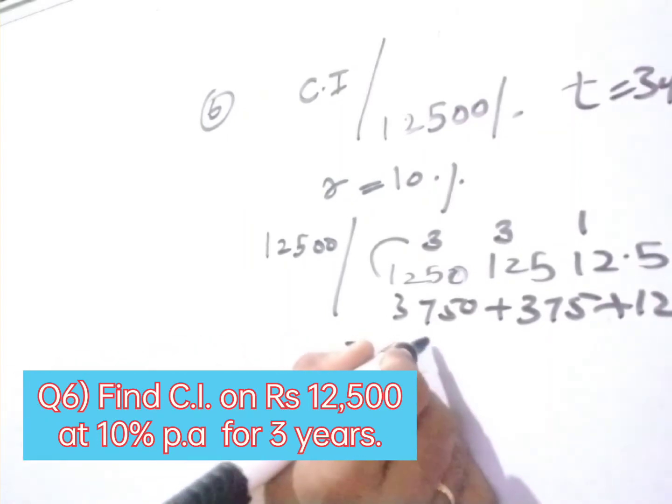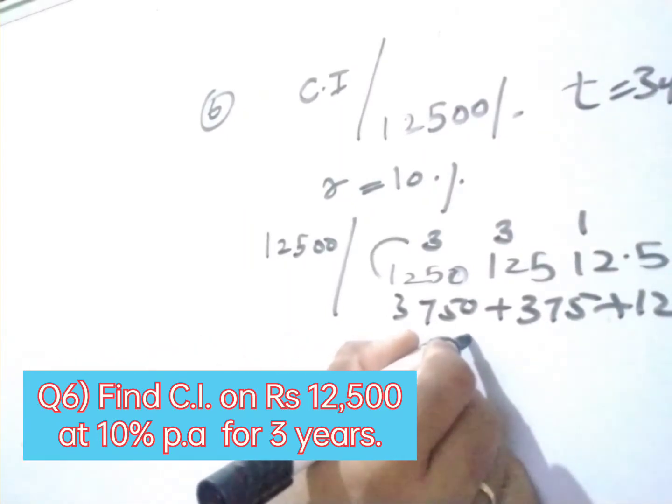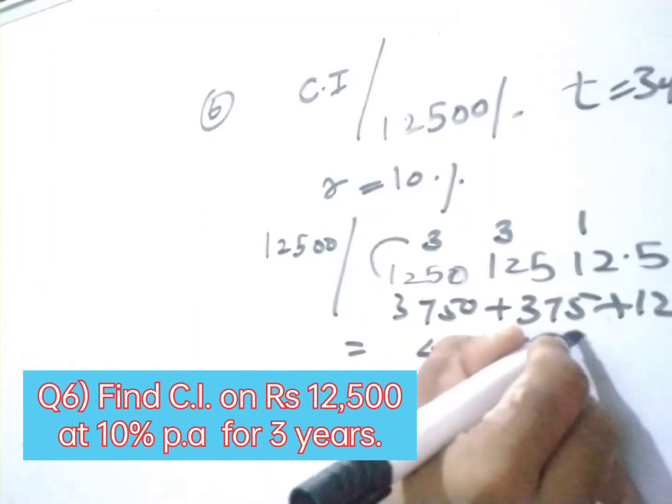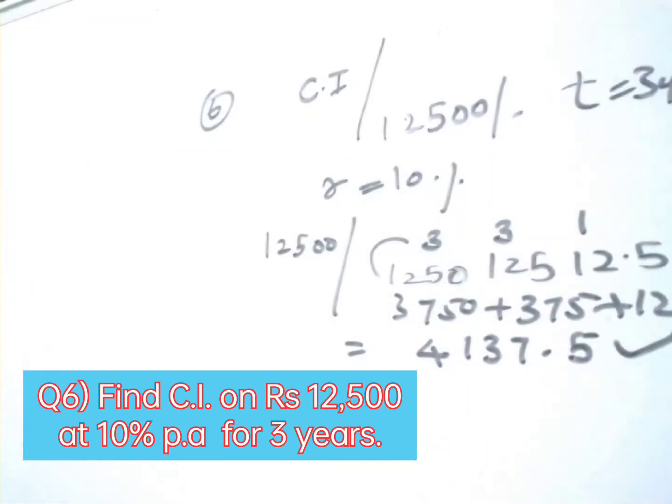we get 4,137.5. This is the compound interest. Hope it is clear.